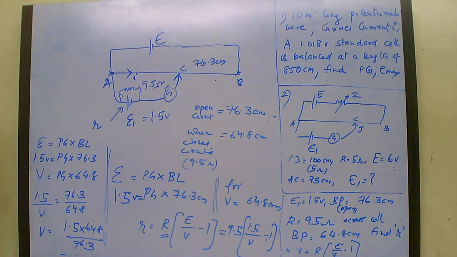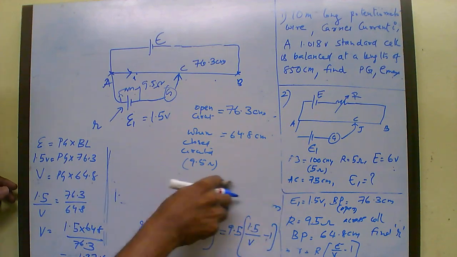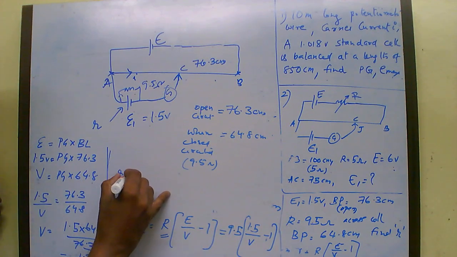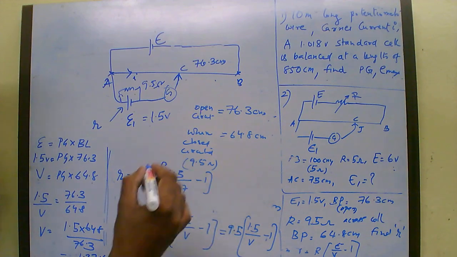So it will be equal to 1.5 multiplied by 64.8 divided by 76.3, which is equal to 1.27 volt. So from this you can find out the value of V, and once you substitute, you will get the unknown resistance equals 9.5 multiplied by (1.5 divided by 1.27 minus 1).